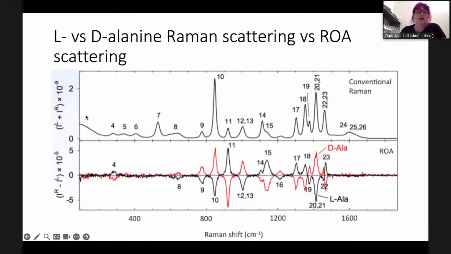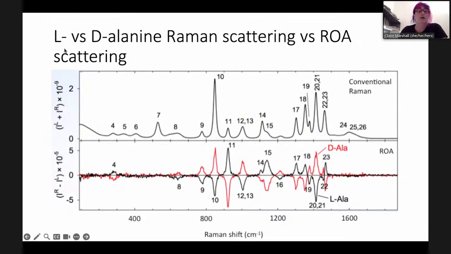Here we have a mixture of L and D alanine. If you look at a conventional Stokes Raman scattering spectrum of just L or just D alanine, you could overlay them, and they look exactly the same.